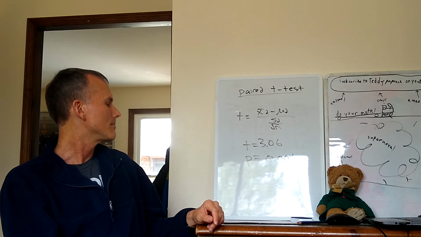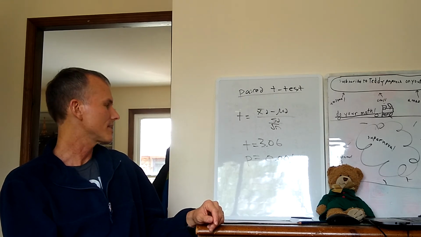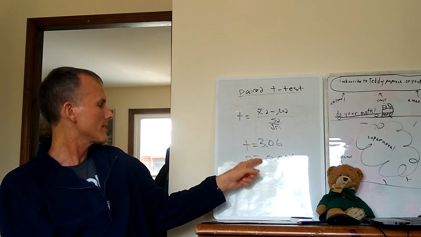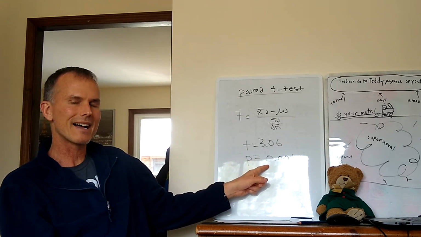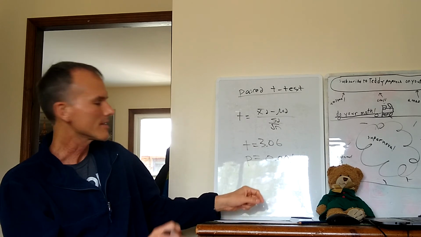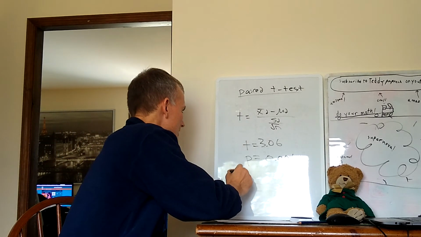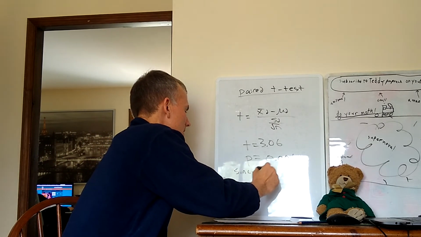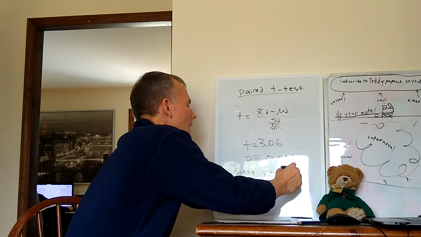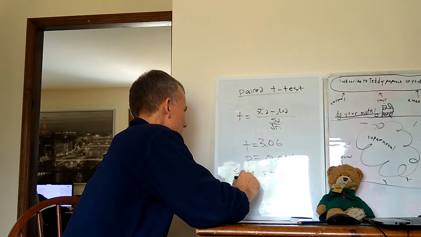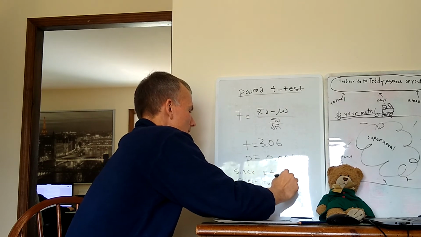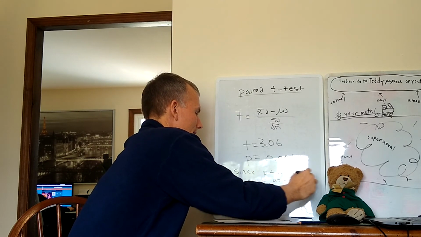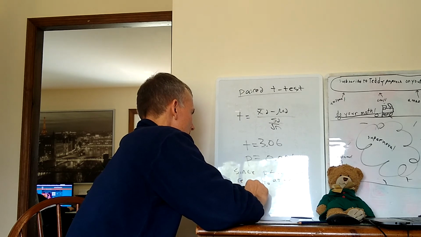Okay, you have the statistics. So now, what is the conclusion based on this p-value? Well, P is definitely less than alpha this time. Okay, so we'll write the conclusion: since P is less than alpha, we reject H naught at the 0.05 level.